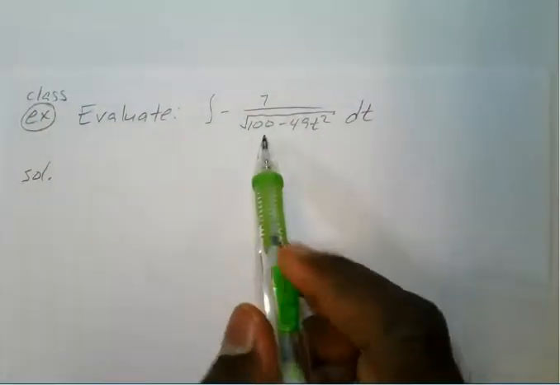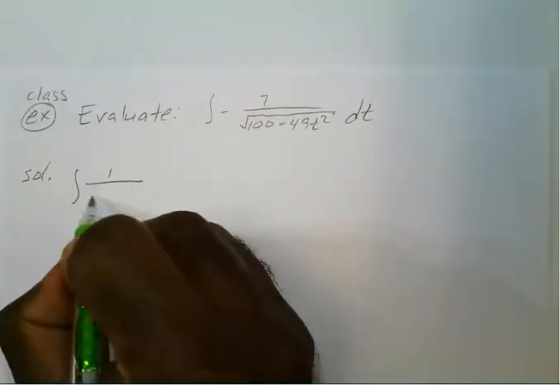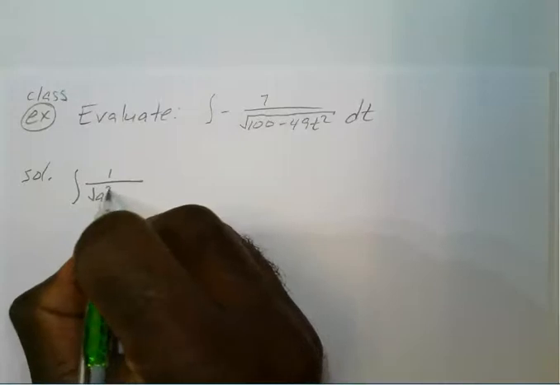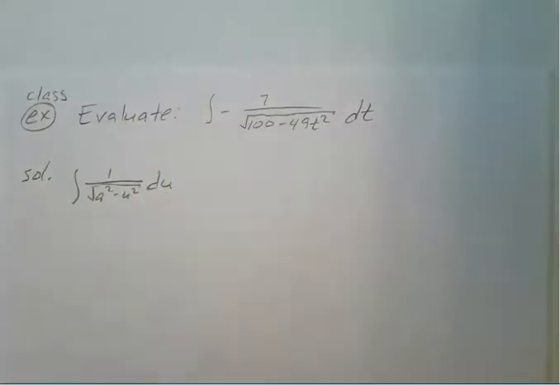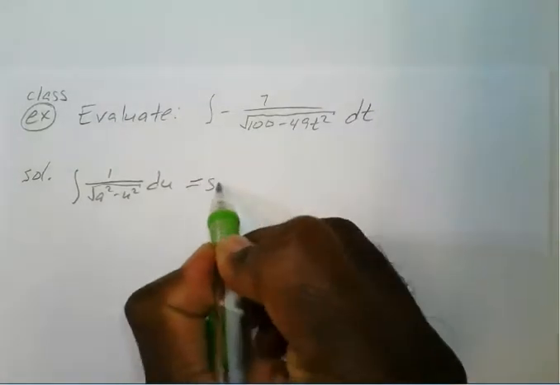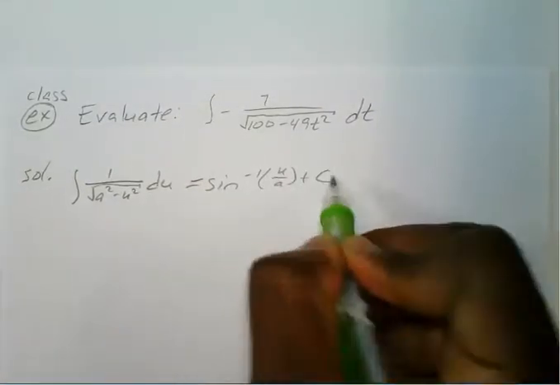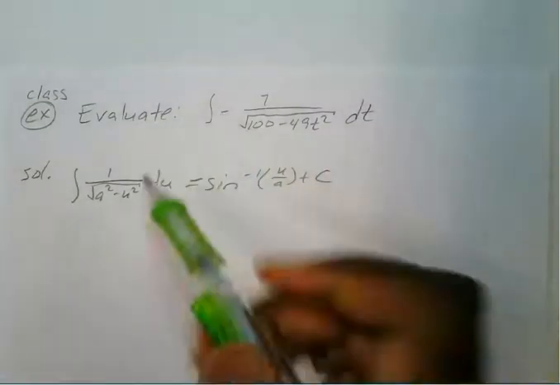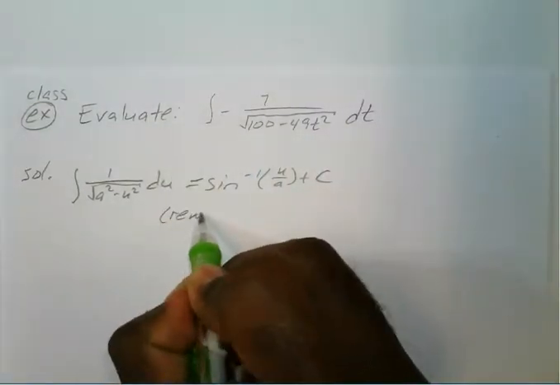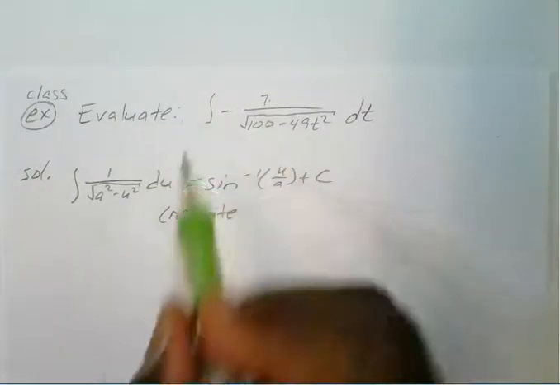Okay, so again, looking at the form, it kind of looks like the integral of 1 over the square root of a squared minus u squared with respect to u. And we know that's equal to sine inverse of u over a plus c. Okay, so let's go ahead and rewrite this. We get our negative and our 7, bring that out to the front.